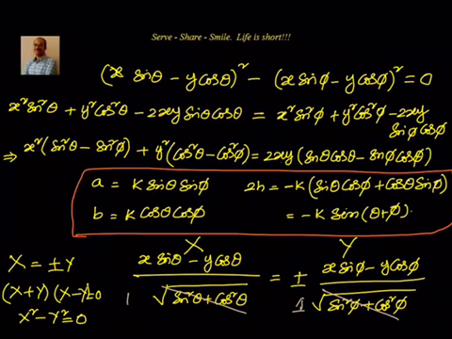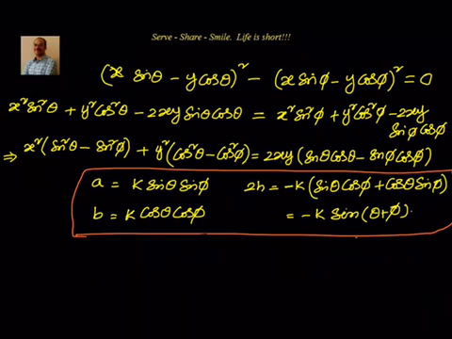So when we go to the next step, now we know that sine square theta minus sine square phi is equal to minus of (cos square theta minus cos square phi), because I can write sine square theta as 1 minus cos square theta and sine square phi as 1 minus cos square phi.